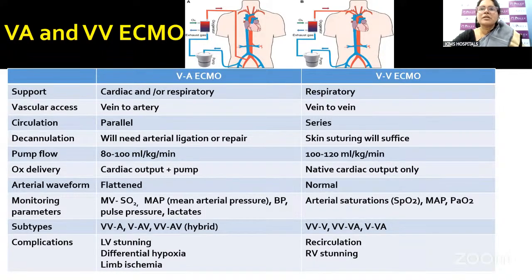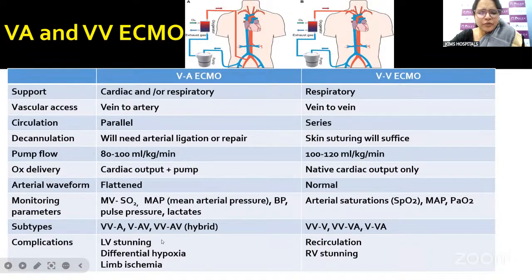So this is sometimes noticed by the blood in both the cannulae appearing bright red. Usually we expect the blood in the drainage line to appear dark and the return line to appear red. But if you see red blood or bright blood appearing in both these cannulae, we suspect recirculation. More than 20% recirculation is taken as pathological. So this is not generally a problem with VA ECMO for obvious reasons.